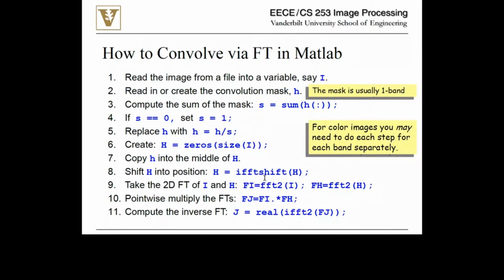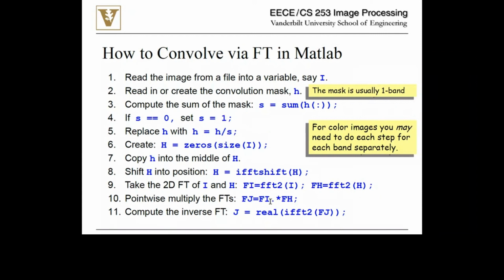When you go in one direction, it is called the FFT shift. When you go in the opposite direction, it is the inverse FFT shift. And then you do the standard thing. You compute the Fourier transform of the image I, compute the Fourier transform of the kernel, and you multiply point by point. This is the new image, and then you do the inverse Fourier transform of this multiplication.